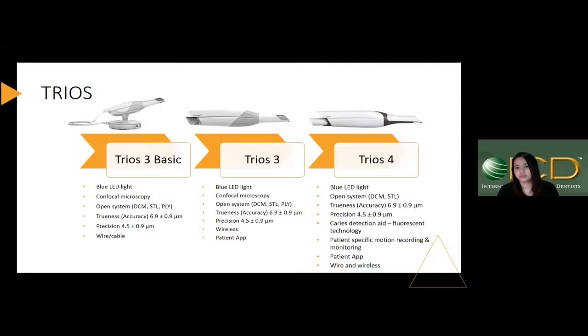And the newest, Trios 4, adds caries detection, and can also record patient-specific motions and monitoring. There are new patient applications available, and you can also choose whether you want cable or wireless.